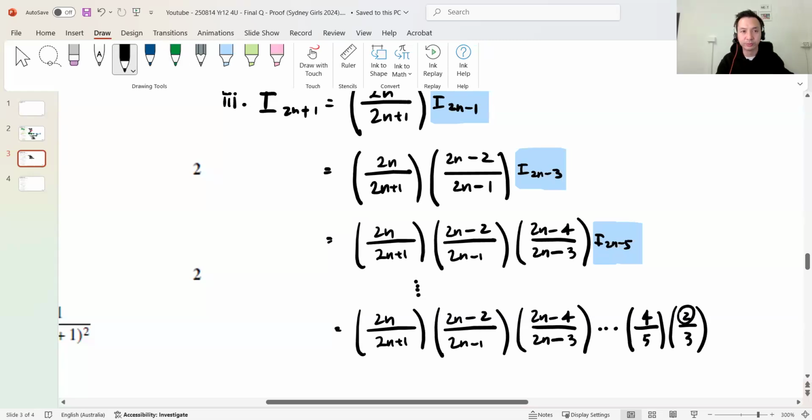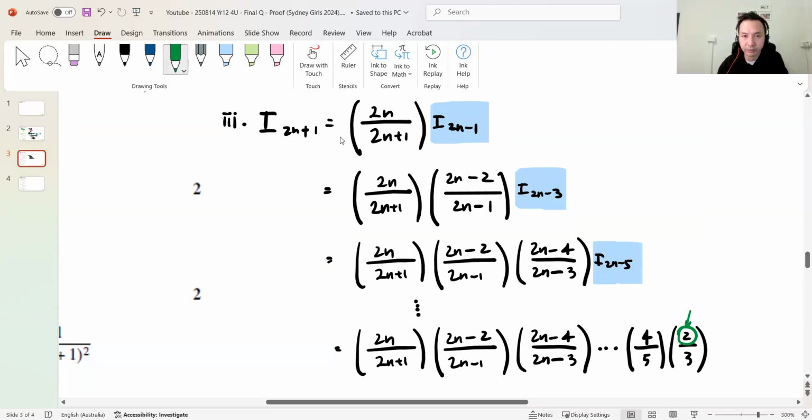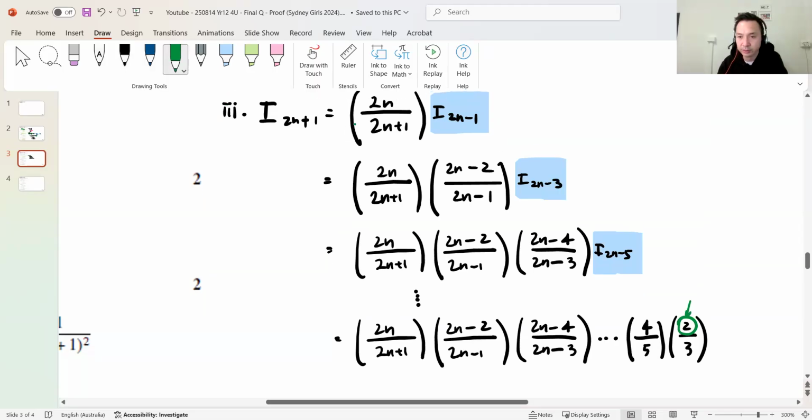So when that's 2, oops, wrong color. When that's 2, that's like saying 2n. So 2n equals 2's plus 1, is it? No, sorry. So let's see. When that's 2n plus 1, this is 2n.